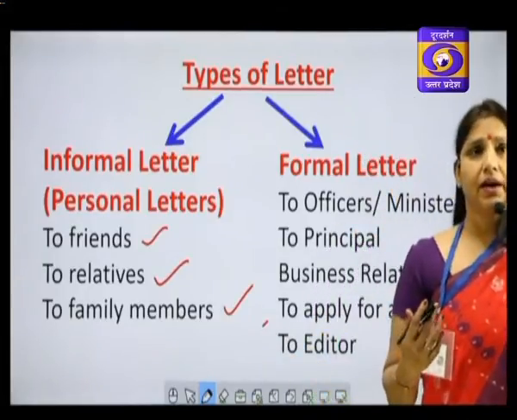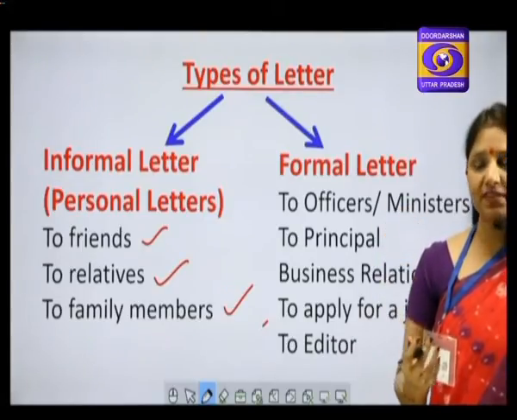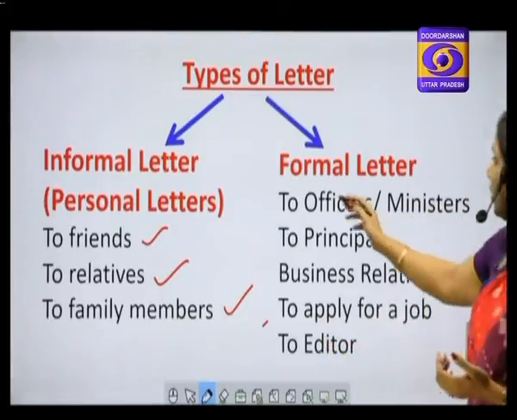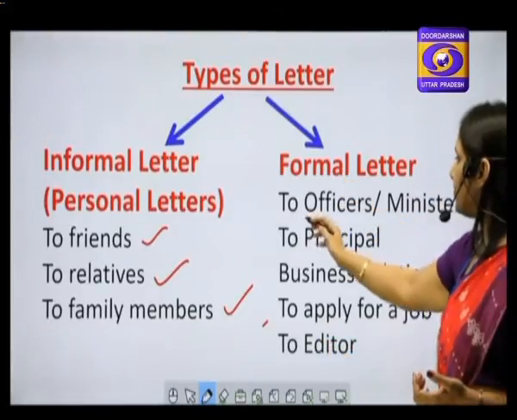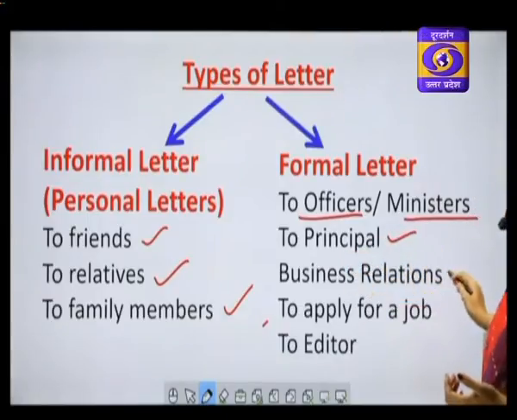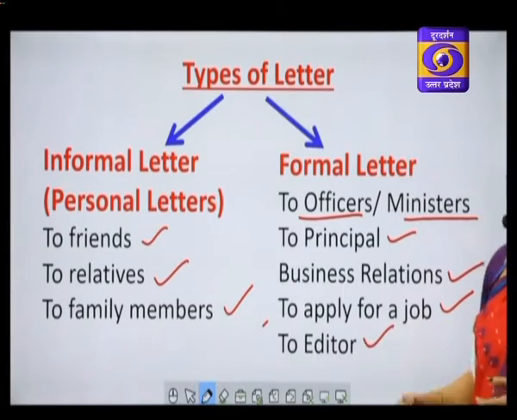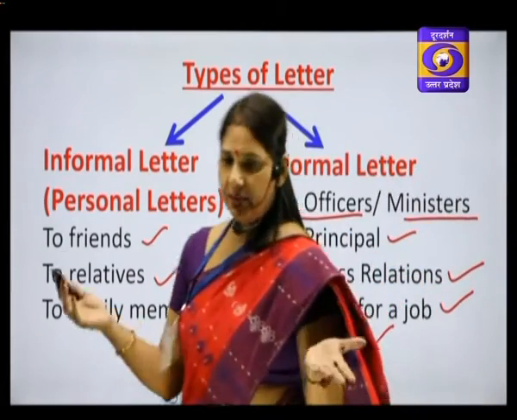They may be related to us officially, or because of some business we are doing with them. So formal letters are written to officers, ministers, to principal, business relations, to apply for a job, to editor, and to the people you don't know personally.